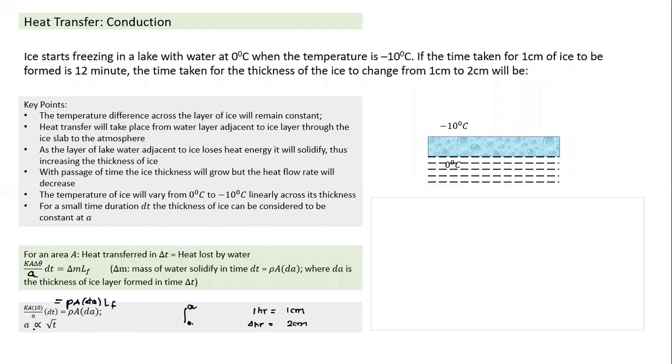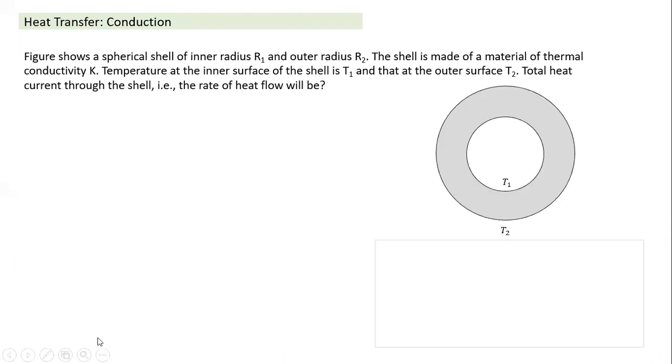Time taken is proportional to the square of the thickness. So the first centimeter has taken 1 hour, the second centimeter has taken 3 hours. That's what it means. You don't need to memorize this, but keep it in mind. So time taken for a thickness A to form is proportional to the square of A. So some questions can very easily be answered.